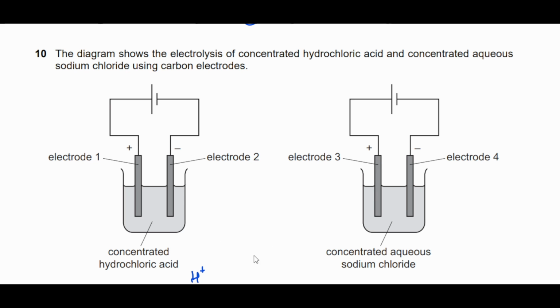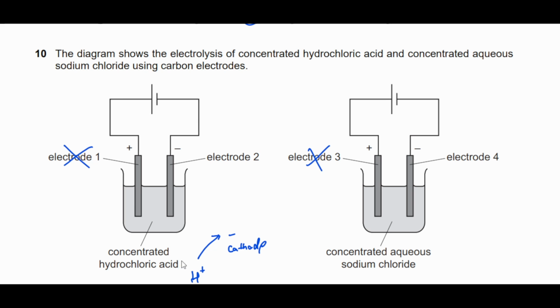So therefore if hydrogen is produced in the electrolysis process, it would be produced at the negative electrode, which is the cathode, right? If hydrogen is produced, it will be produced at the cathode because the cathode is negative. The positive hydrogen ion will be attracted to the negative cathode. So therefore, electrode 1 and electrode 3 cannot produce hydrogen. Okay? So 1 and 3 is gone.